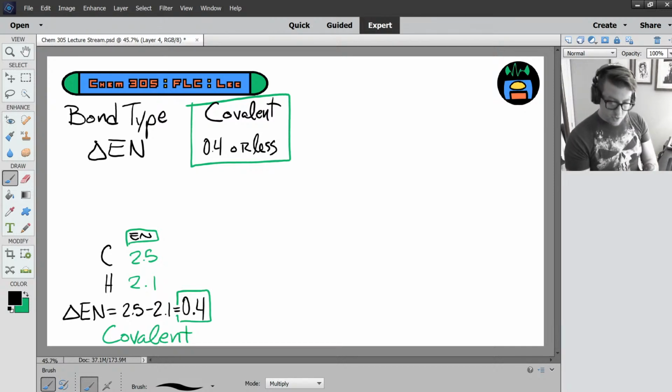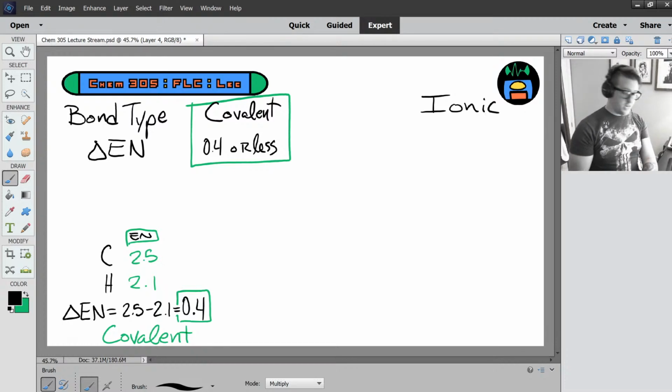Now, what about ionic bonds? For a bond to be ionic, you'll have to have a difference of electronegativity of 2.1 or more.